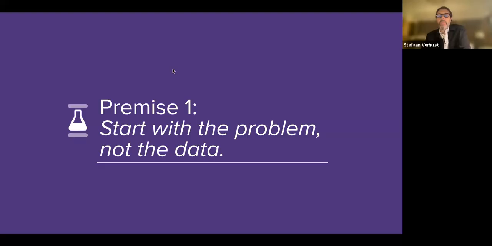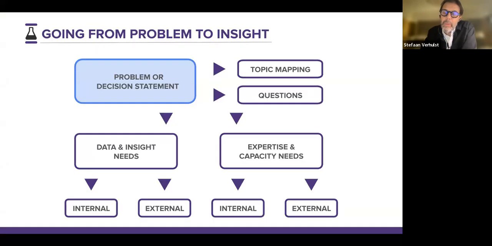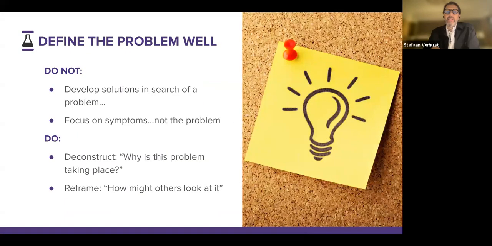And so the first premise for today, as to how we go about leveraging data, is to really start with the problem. And it turns out that problem definition, and I know that this course, Innovate US, has already spent quite a lot of time on it, so I'm not going to replicate and repeat what was said, and I'm sure Hannah can point you to a whole range of videos that go into detail there. It suffices to say that we need to start from the problem, not from the solution in search of a problem.